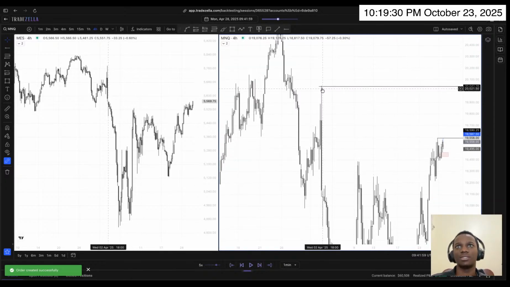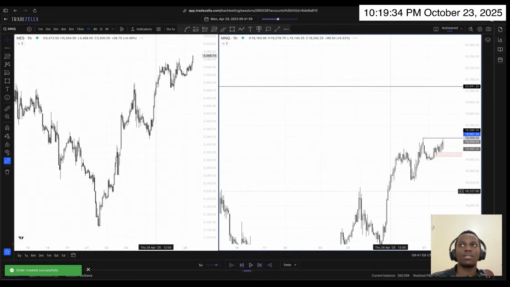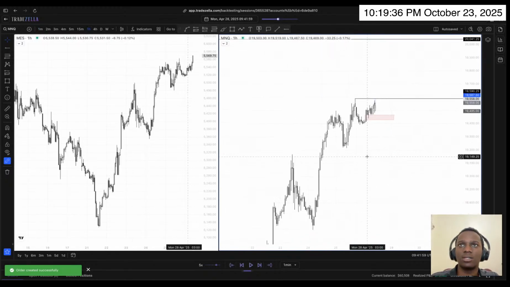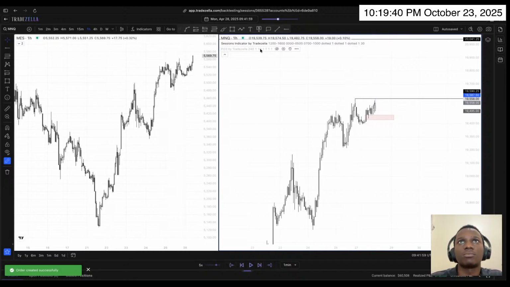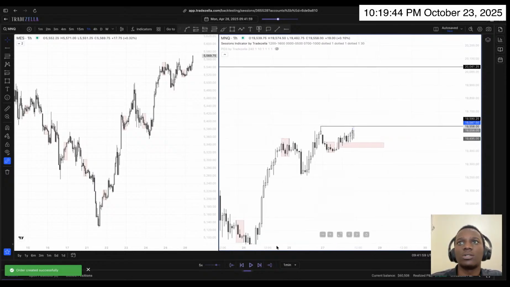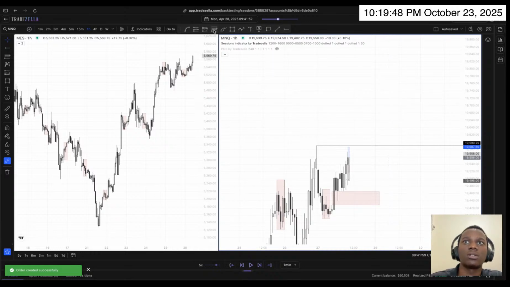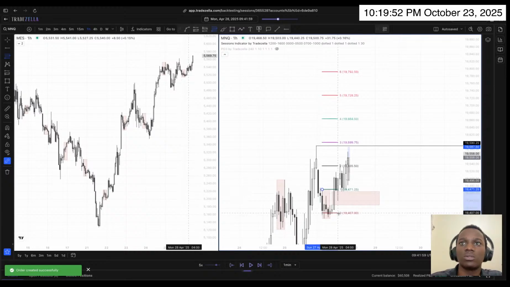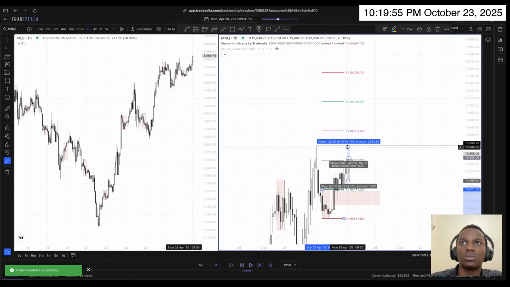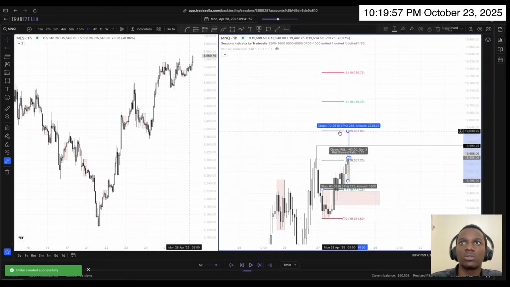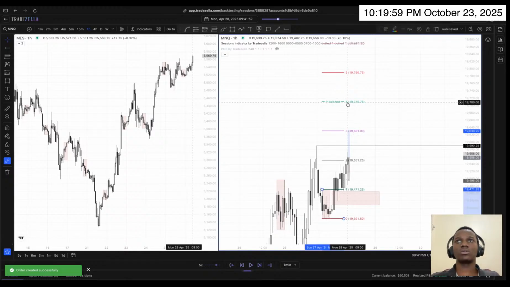And here we don't have any close targets except for that one there. And I think we can probably target Asia's projections. So we've got Asia lows waiting here. This one will be okay.